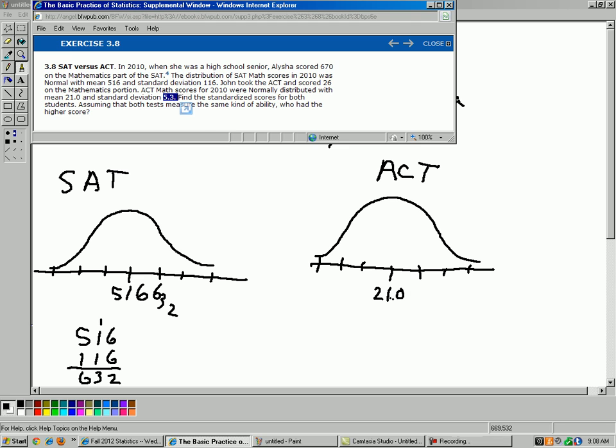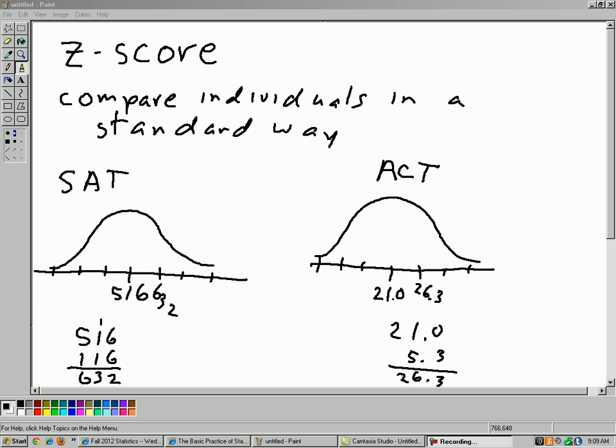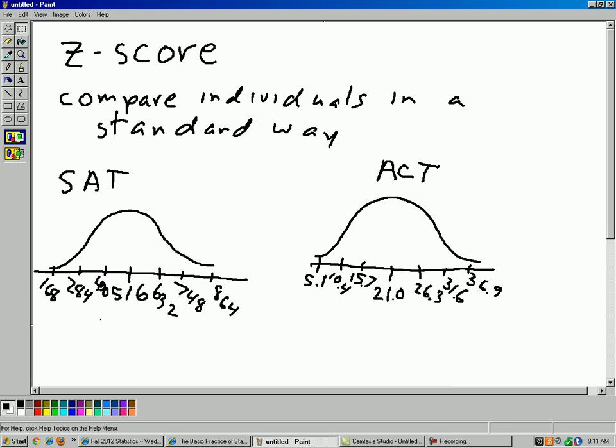All right, so let's take 21.0 plus 5.3, 26.3. Okay, let's fill in the rest of the numbers here. I'll just fast forward this. Okay, I filled in the rest of the values here.